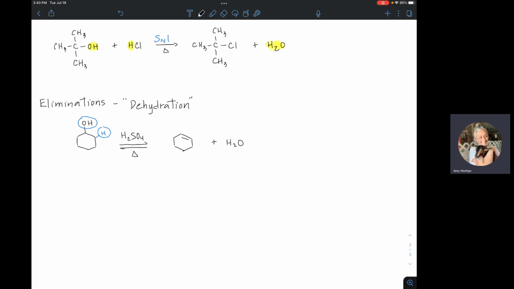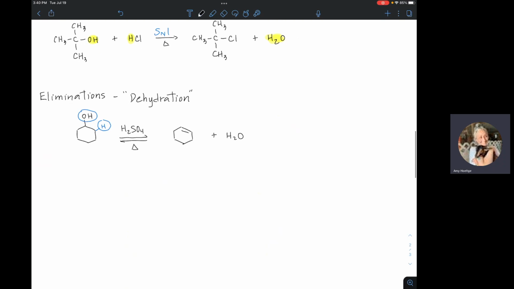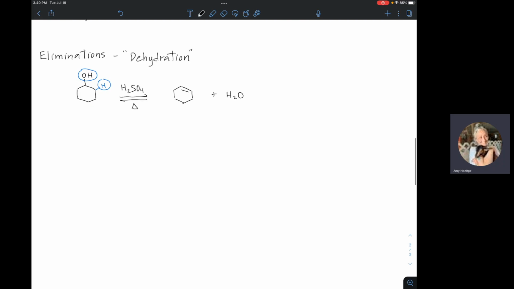So after we protonate the hydroxyl group in order to create the better leaving group, then the conjugate base of our acid is going to come in and take away that hydrogen. So let me show you sort of how this works. We could draw in our lone pairs so we could see what's going on.